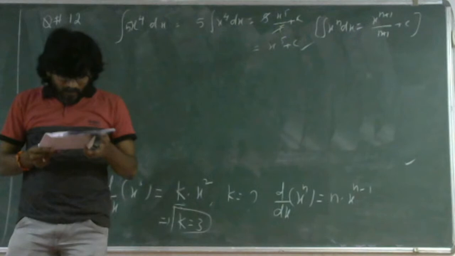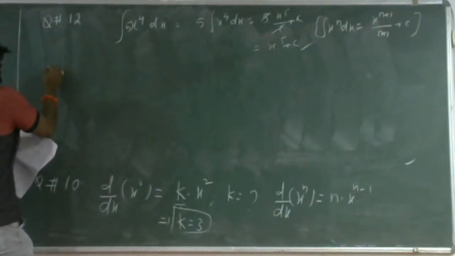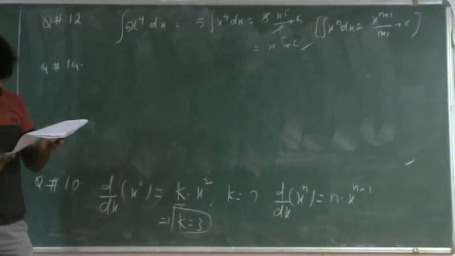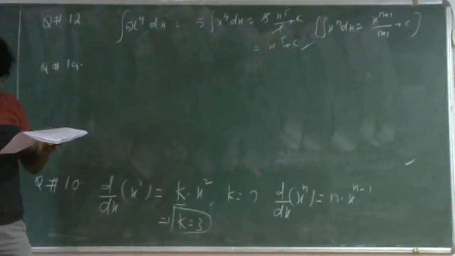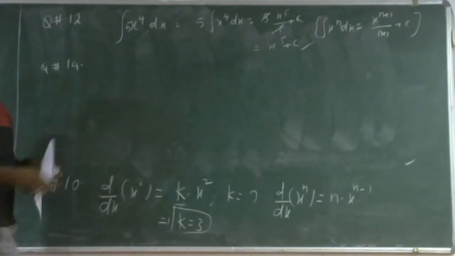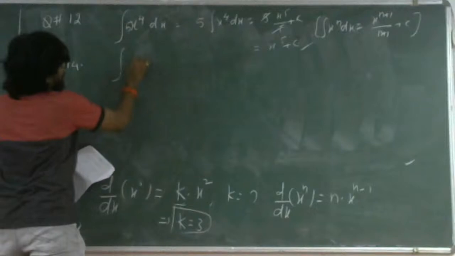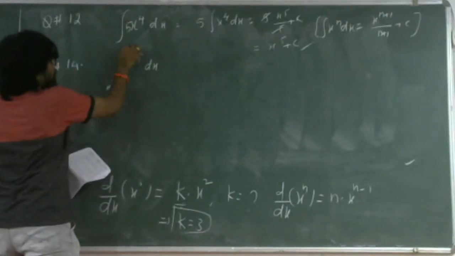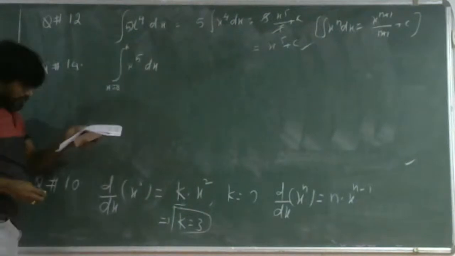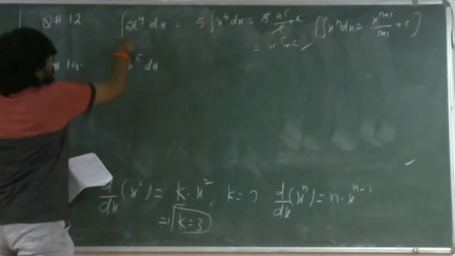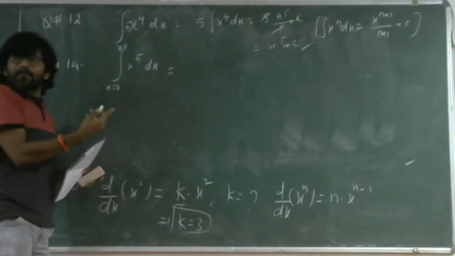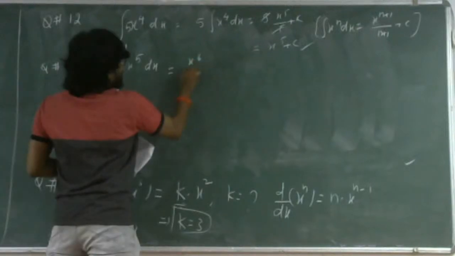Question number 14. Given integral of x power 5 dx, where x goes from 0 to 1. Same: x power 5 plus 1 by 5 plus 1, so x power 6 by 6.